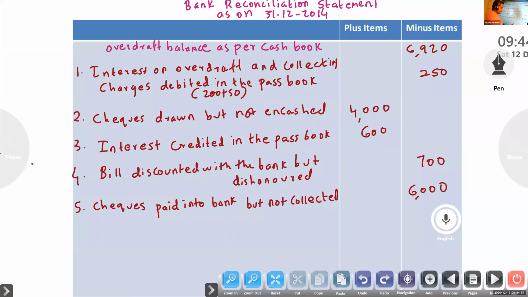So here also minus is more. If plus is more, it means favorable balance. Overdraft balance as per passbook.